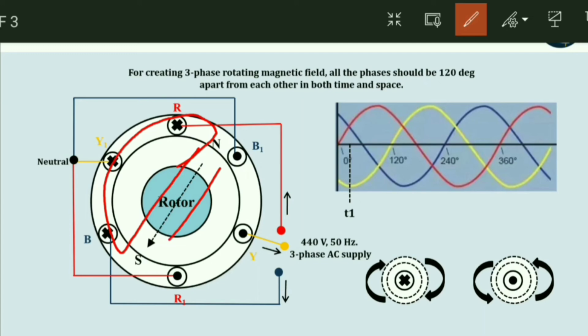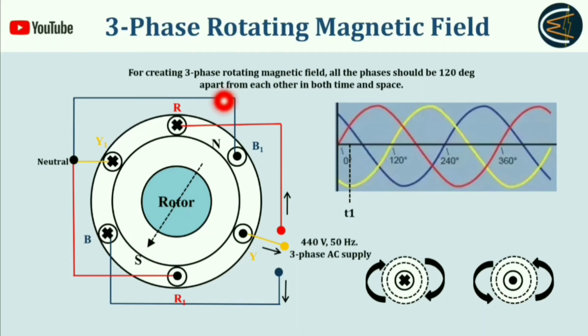Similarly, it is going from north to south, coming back and entering the magnet and completing the path. This is nothing but the air gap. That is why, to show the direction of the magnetic field, it will be this arrow. This will be the north pole and that will be the south pole, and the magnetic field comes from the north pole to the south pole in the air.